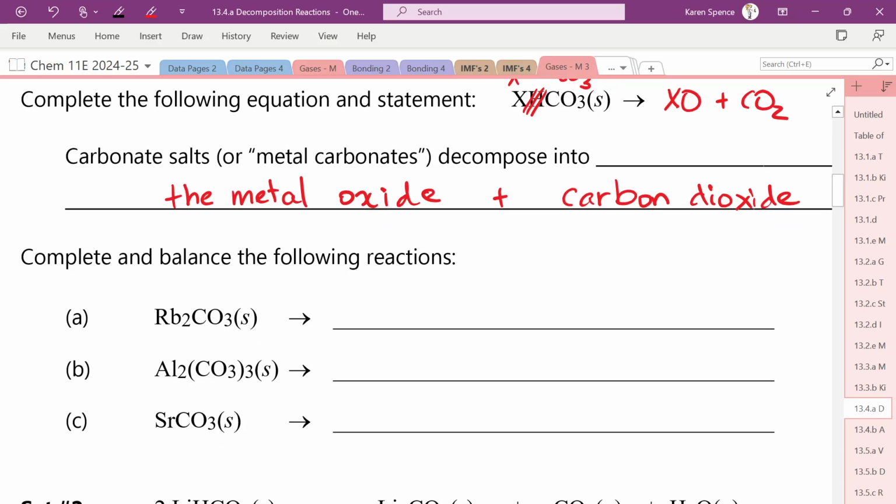So could you complete and balance those three reactions?